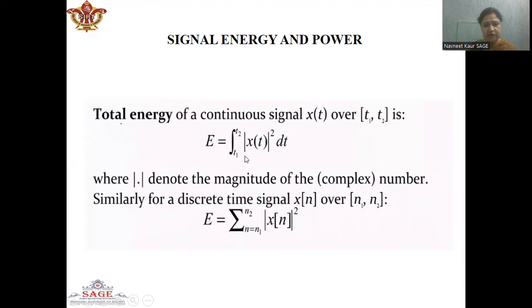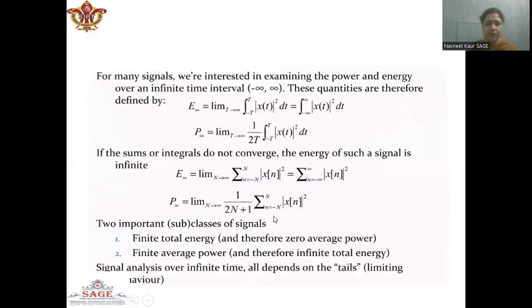And if I find the energy of a discrete time signal, the integral is replaced by the summation sign, x of n whole square, and we take the summation over a given time period. So the energy of the signal is represented by this expression, as I discussed in the previous slide.